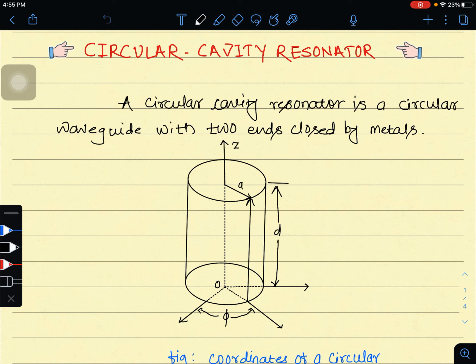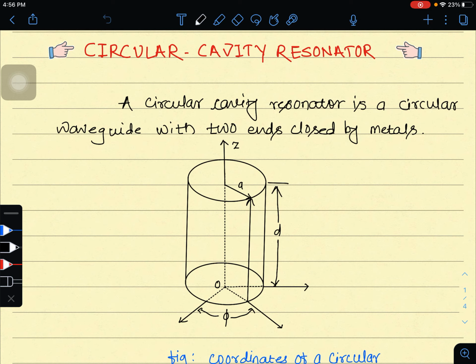The microwave cavity is nothing but the cavity resonator, which is a metallic enclosure that confines the electromagnetic energy, that means electric as well as magnetic energy.